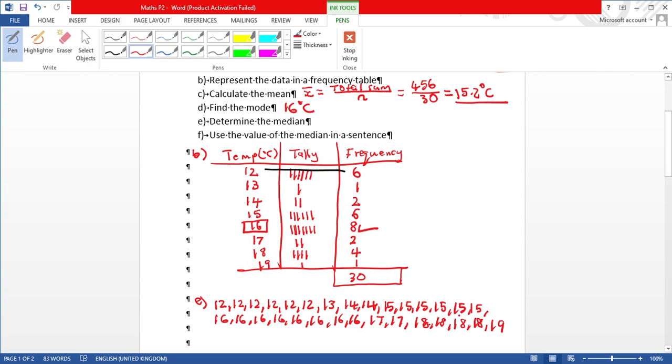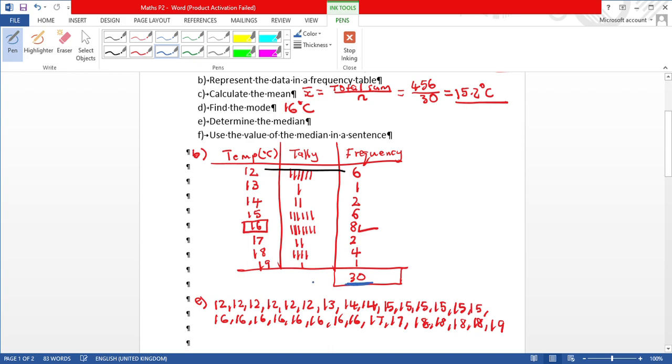So let me just use a different color. I'll show you how you're going to work out the median. So the median is basically the midpoint of our data. That's why you have to arrange this data from the lowest value up until the highest value. Then you're going to go to the midpoint by counting halfway across our data. Remember, our data size is 30.